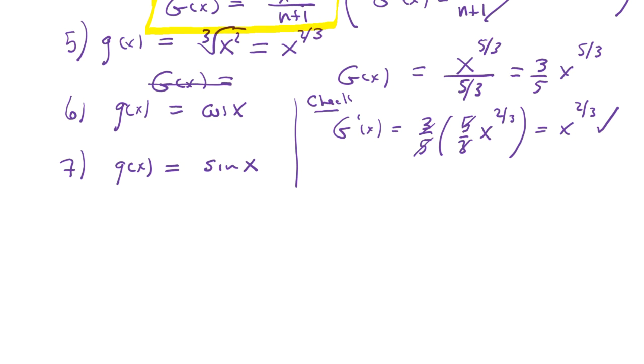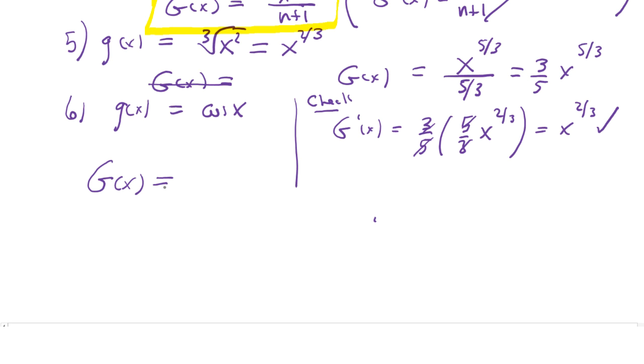In problem 6, let me just remove problem 7. So now you might be inclined to take the derivative here, but if you differentiate the cosine, you get negative sine. I'm looking for a function whose derivative is cosine. So remember, you're working backwards here. We're undoing differentiation.